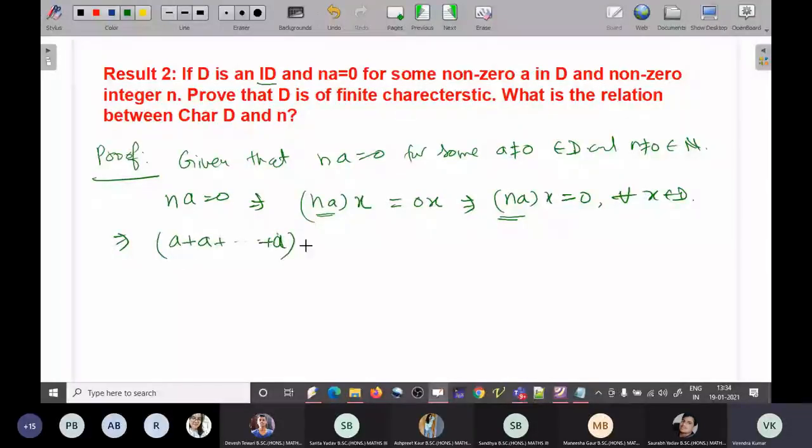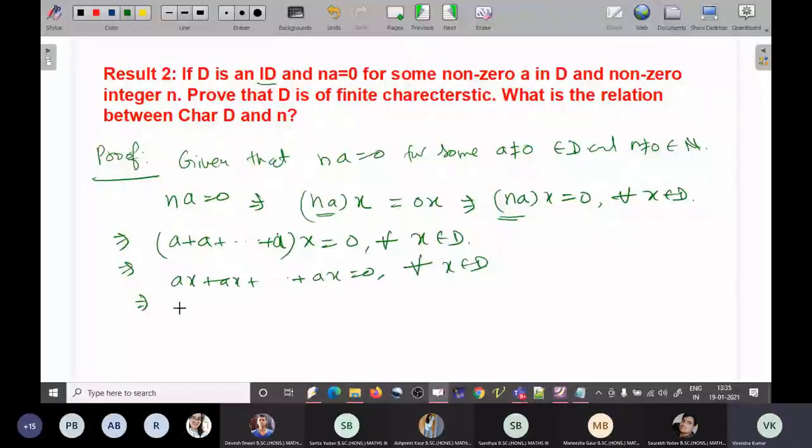So a plus a, n copies, times x equals 0. This is true for all x belonging to the integral domain D. This implies, let us use the property of distribution over addition. So we have ax plus a times x plus dot dot dot plus a times x equals 0, and this is true for all x belonging to D, fine.